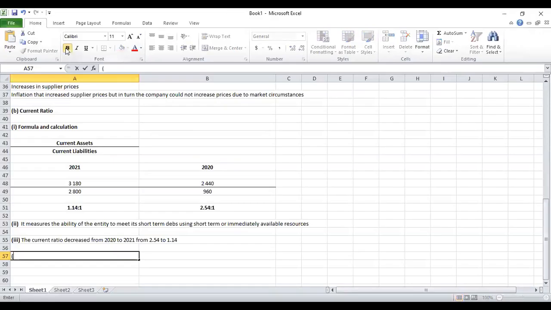So we can say there was an increase in payables from 420 to 1,800,000.